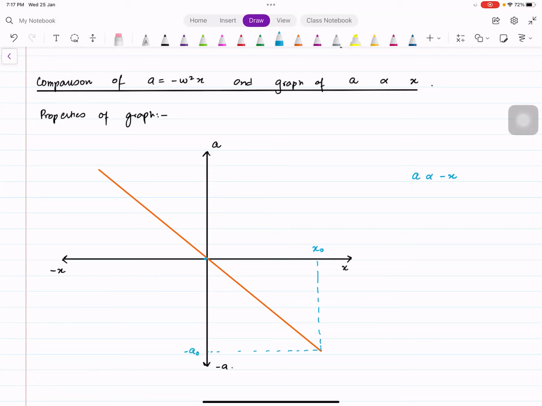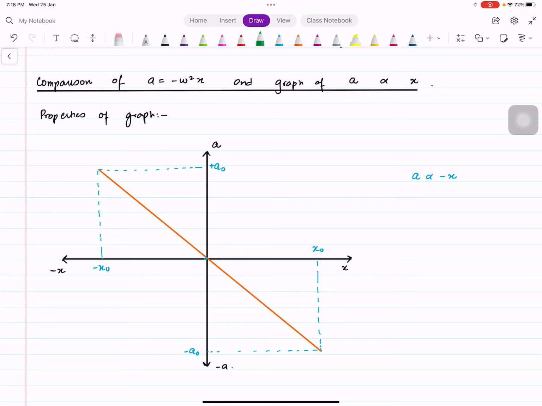Do you guys understand what I'm saying? And when we have a negative maximum displacement, then obviously your acceleration is going to be maximum, but it is going to be positive.